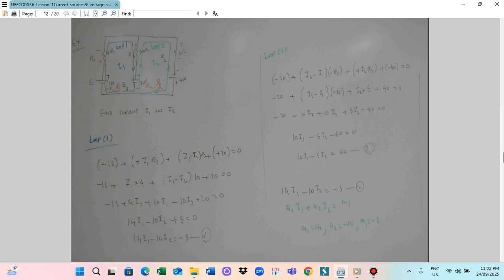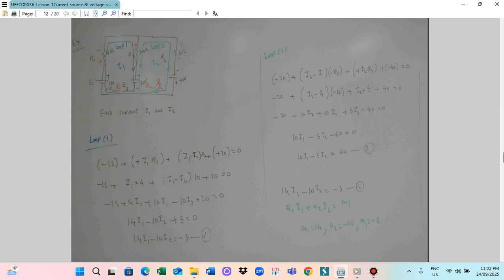So this current is outward, so I2 minus I1. You see that here is a negative side, so this is a negative R3. Plus, you see the positive side 5 and the I2 R2, so positive I2 R2. And you see here is negative 40, so negative 40 is equal to 0.